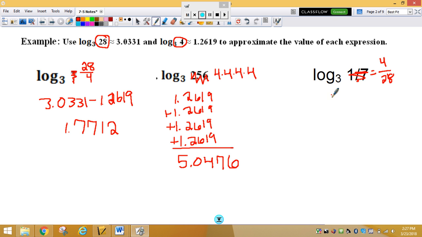So log base 3 of 4 is 1.2619. Dividing means to subtract. And log base 3 of 28 is 3.0331. And when you subtract those, you get negative 1.7712. So that's the first part of your worksheet. It's not too hard. Just take the numbers that it gives you and figure out how to get those big numbers, okay?